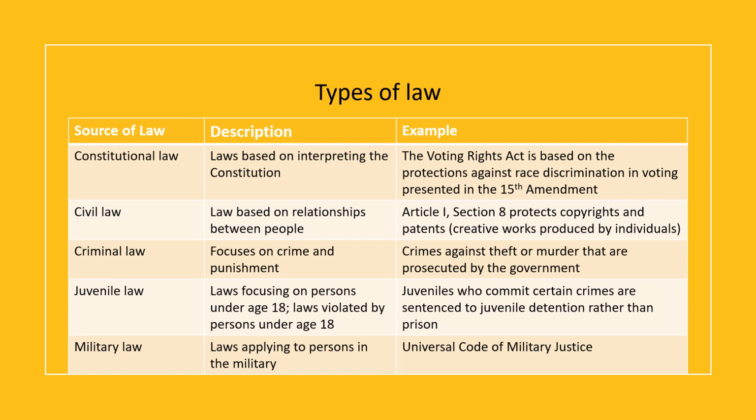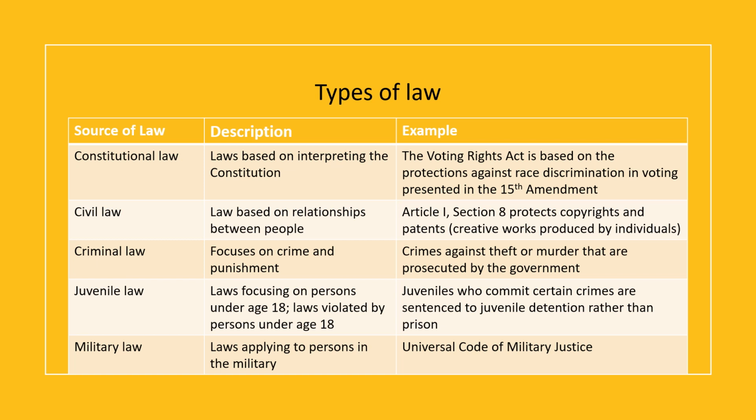And so the government can prosecute the person who violated the law because the government is the victim. The government requires no stealing cars. Consequently, if somebody steals a car, then that means it's a crime against the government and then can be prosecuted by the government. What about juvenile law?